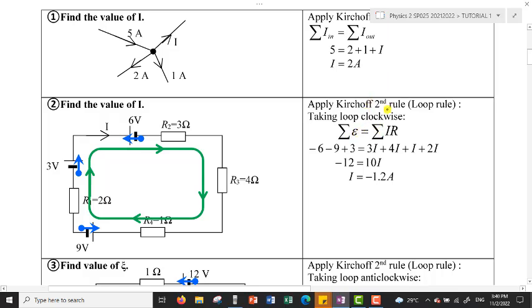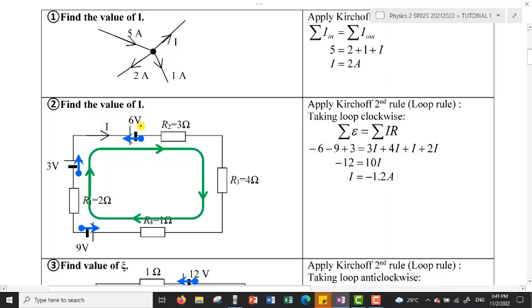We apply Kirchhoff's second rule: summation of EMF equals summation of IR. Let us consider all the EMFs that exist in the circuit loop. We compare the direction of each EMF with the direction in which we travel in the loop.